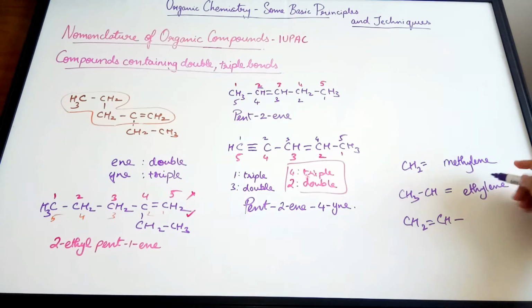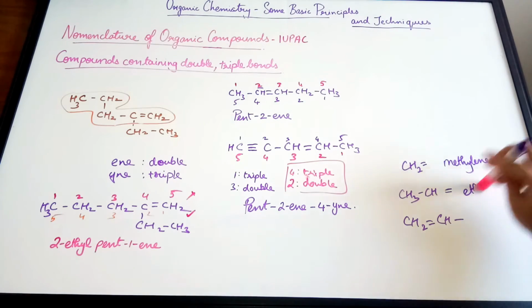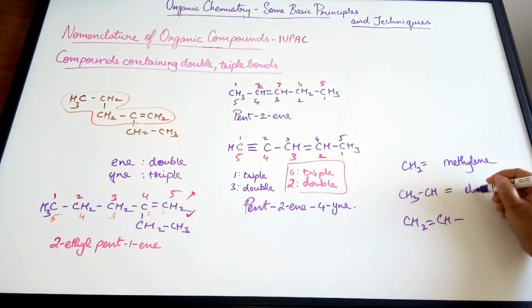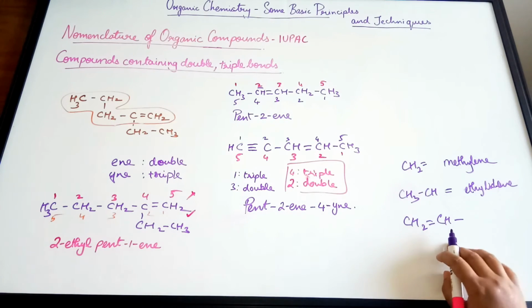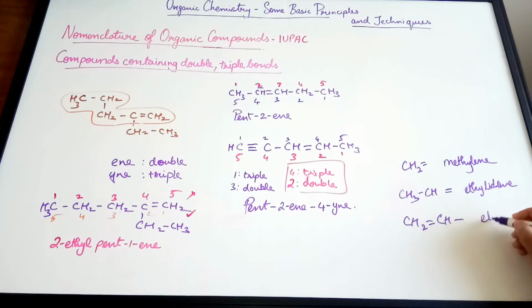I'm so sorry. This is ethylidene. Whereas if it is between the 2 carbon atoms of the ethyl group, it's called as ethenyl, or it's also called as vinyl.